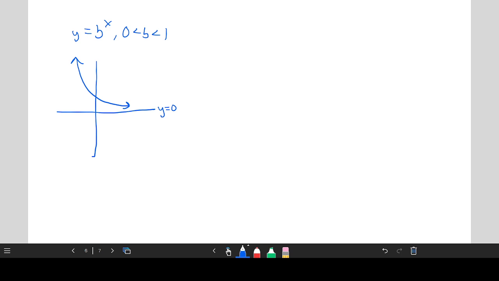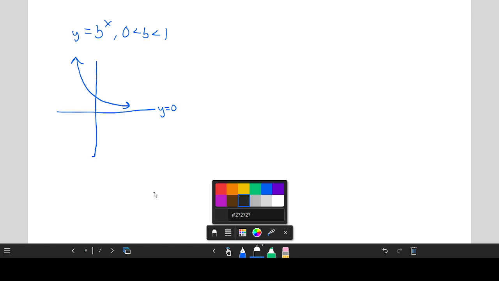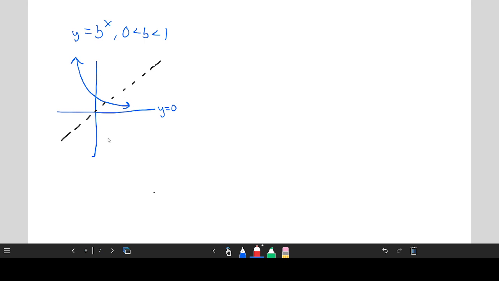And if you can visualize your line y equals x here, let me draw that in. This is tricky to visualize, I think, but if we reflect this graph over the line, it's going to look something like this. Since this one is approaching the asymptote to the right, if we reflect that over that line, it's going to be approaching the asymptote at the top.